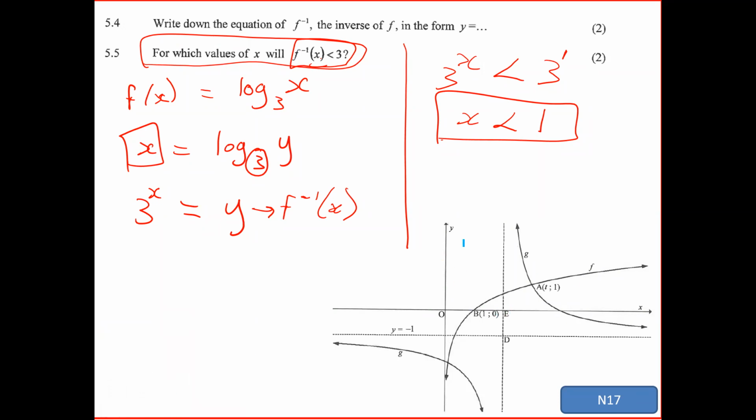So right now, if we look at the F graph, that is your asymptote. So when we find the inverse, the asymptote will now shift here. So that means x is less than 1, but we cannot go beyond 0.